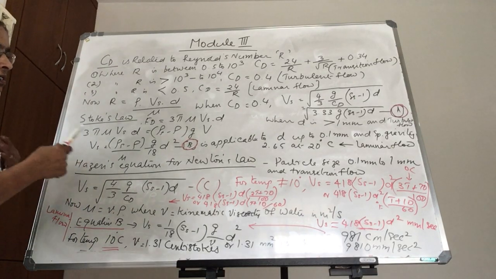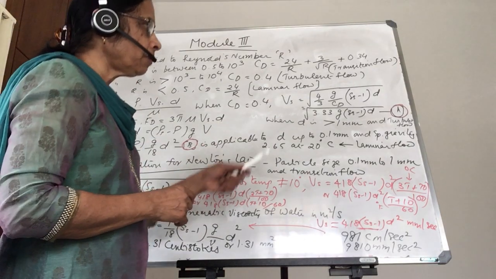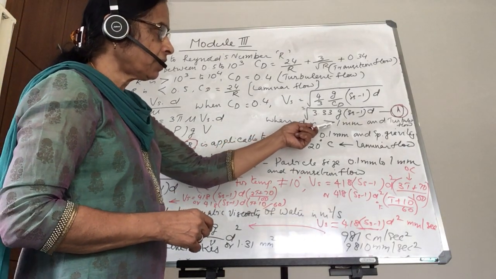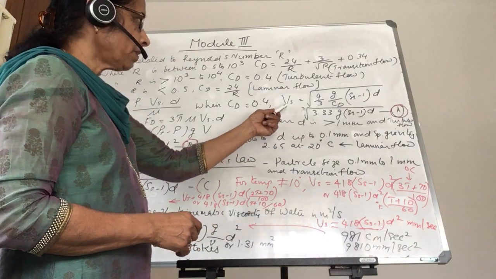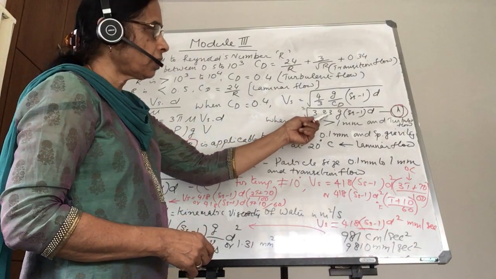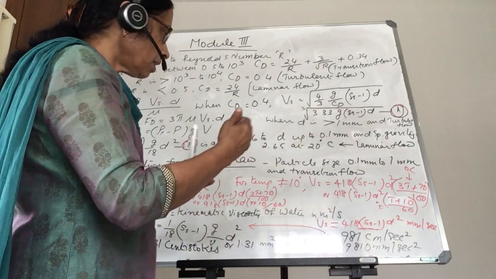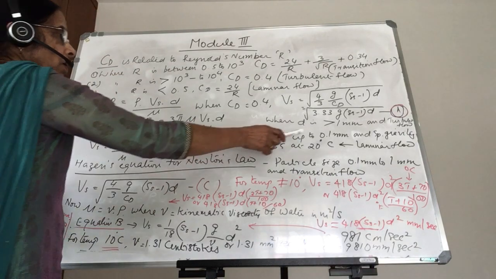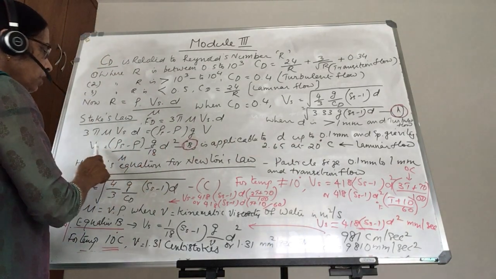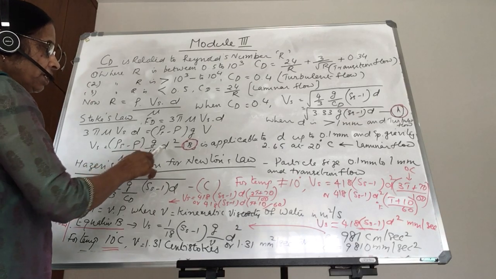Now coming to the transition flow condition. Again, if the particle size is greater than 1 mm, the equation is Vs equals root of 3.33 into G into SS minus 1 into D. And when the particle size is up to 0.1 mm, it is Vs equals rho s minus rho by mu into G by 18 into D squared.